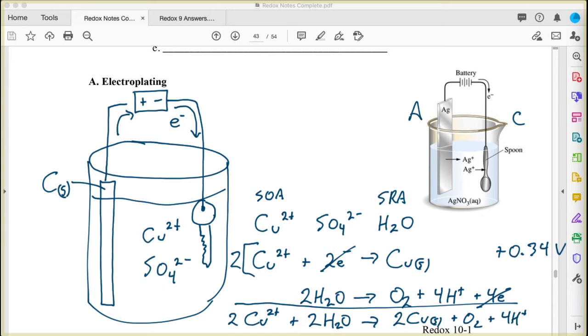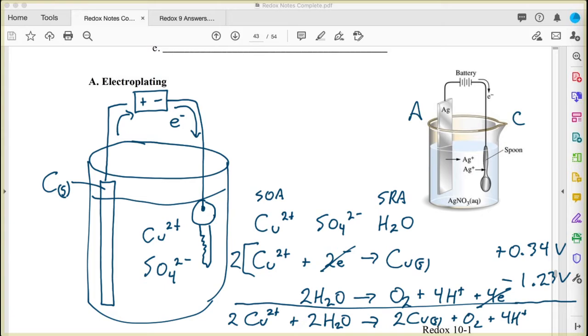Sorry about that. And if you look at the water, it's as our RA, it's way up high, 1.23, so now that becomes a negative 1.23 volts.